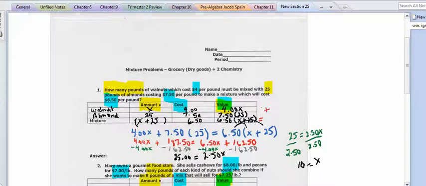I took that and I divided over here on this side the 25 by $2.50, and I got 10 pounds. So we need to use 10 pounds of walnuts. Okay? Alright, so that's the first problem.